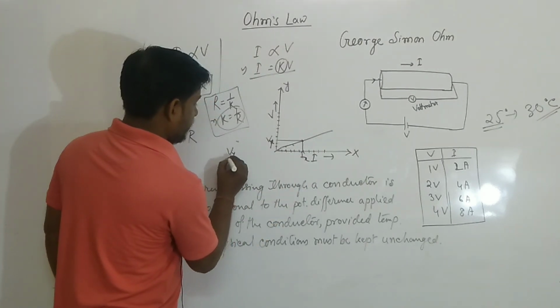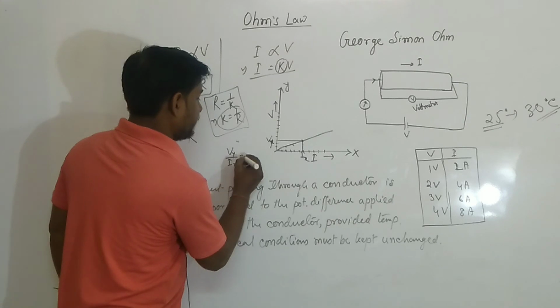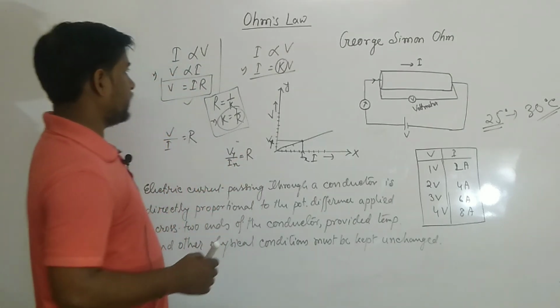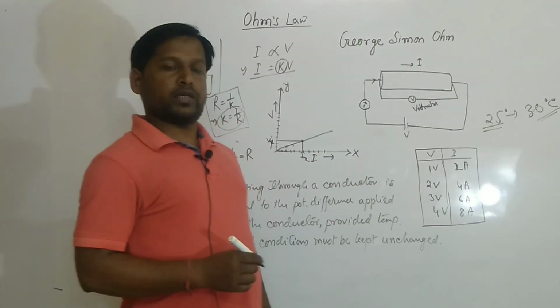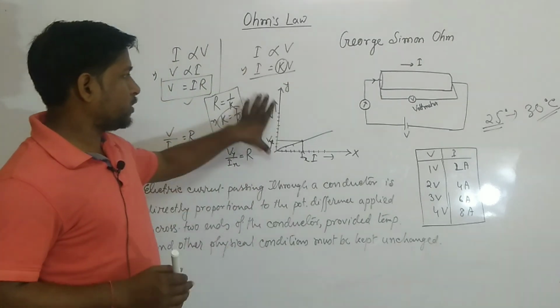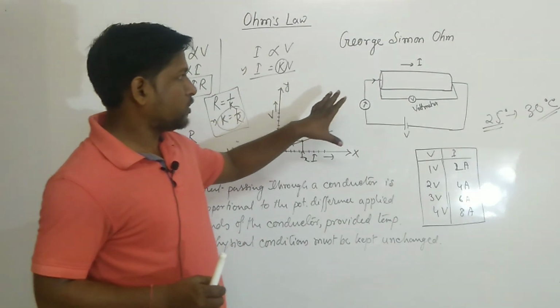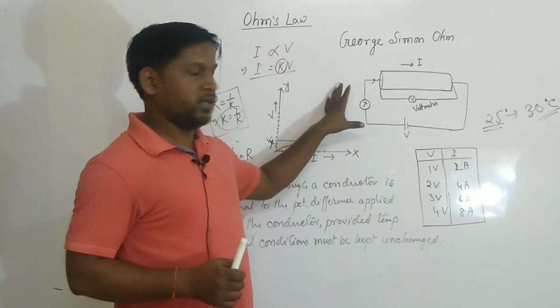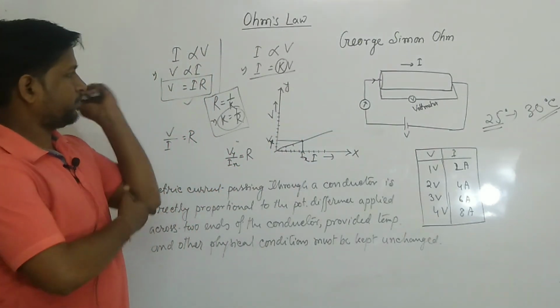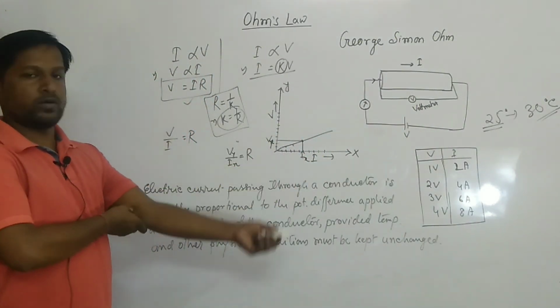So Vy by Ix will give you the value of resistance across this conductor. So using this graph, we will be able to measure the resistance of a conductor just like this. So this is the application part of Ohm's law.